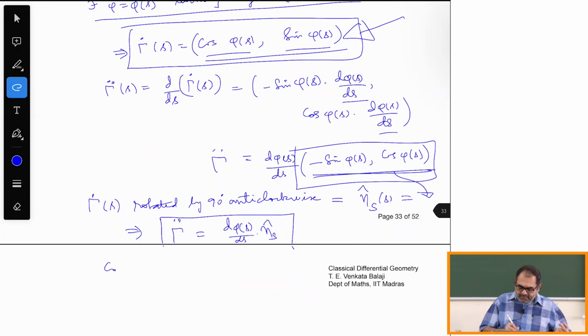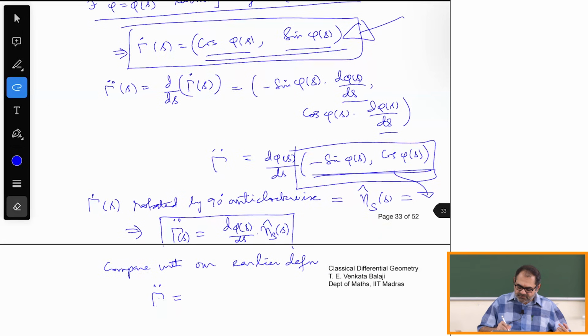Okay, so compare with our earlier definition. Gamma double dot of s is equal to ks of s, ns hat of s.